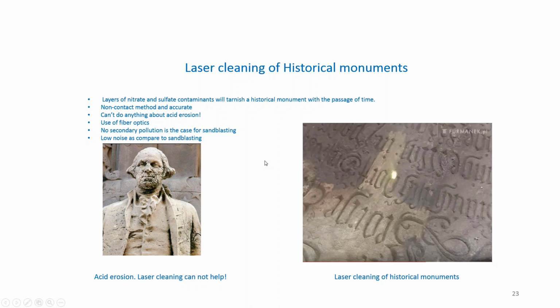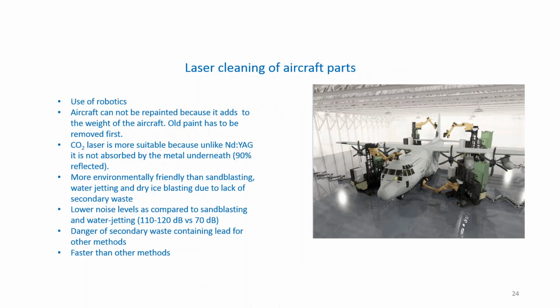Next is laser cleaning of aircraft parts. So this aircraft is in a hangar, and the robotics are cleaning it at different angles, so you don't have to rotate the aircraft, and the whole procedure could be automated. So what are the important parameters in this case?